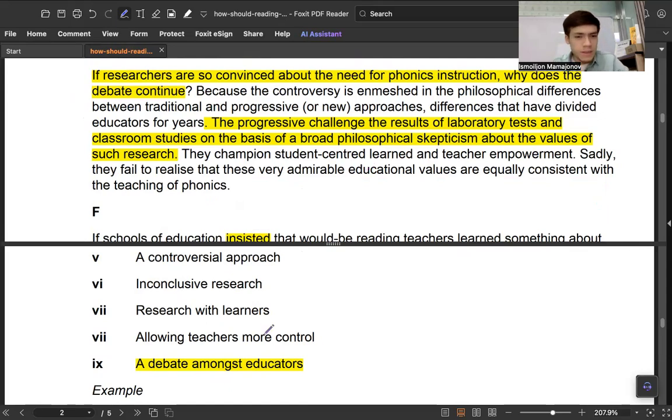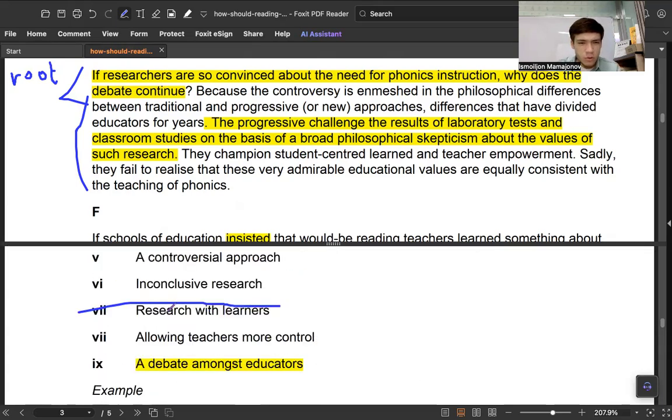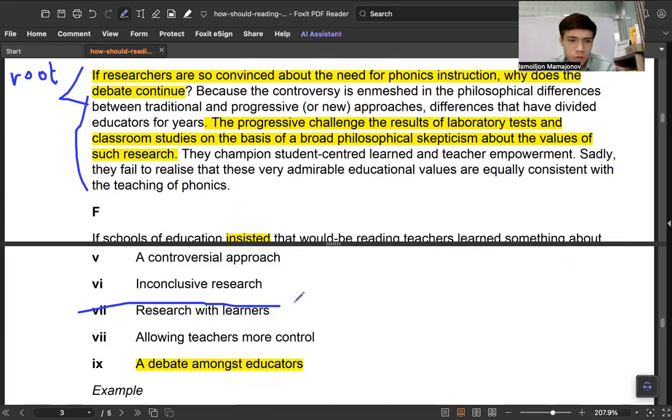Teachers are failing to realize something. Disagreement? Yeah, it is disagreement, but it's more about debate. Why does the debate continue? Do we have an answer why? Yes. So many disagreements. I think that number 2 is the only answer we have. The root of debate is just answering that question. Yeah, the way answers are given, they don't seem original to me.